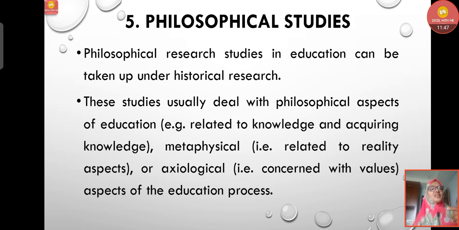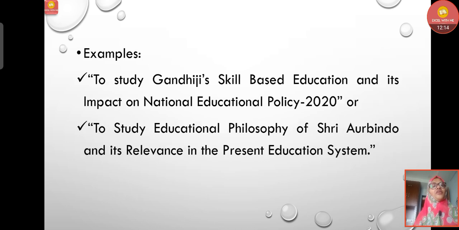So metaphysical, meta meaning beyond the physical, is related to reality aspects, or axiological, that is concerned with values. Axiology means related to values, aspects of the education process. What is the meaning of philosophy here? Love for wisdom. So we are studying about the love for wisdom or knowledge.